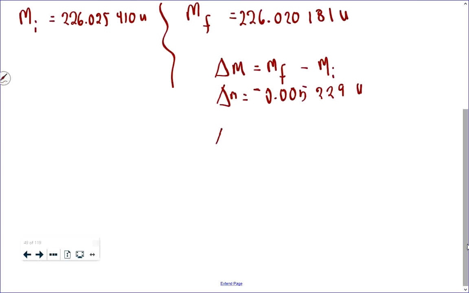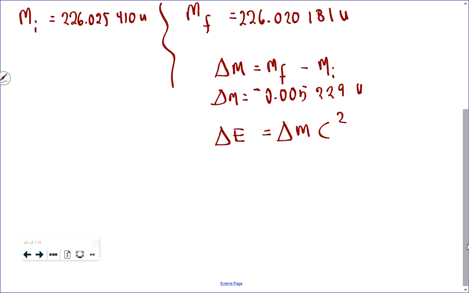To find the release of energy, the change in energy, we can use Einstein's relativistic formula. The change in energy is the change in the mass times the speed of light squared, but we have to work in kilograms, right?